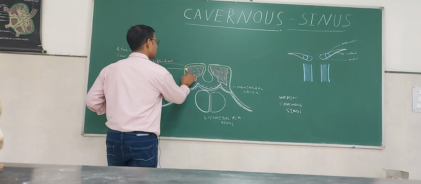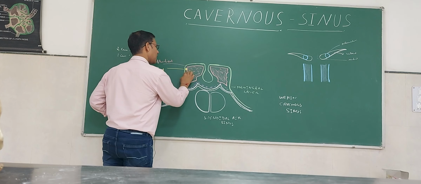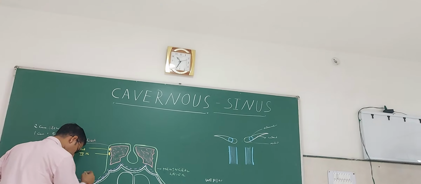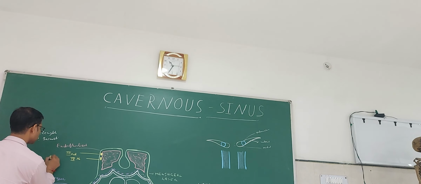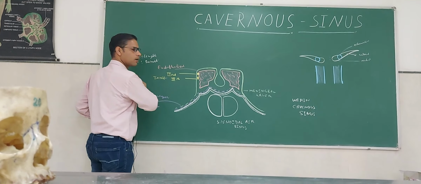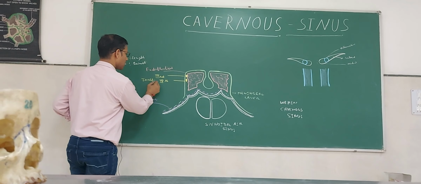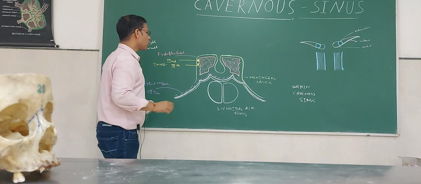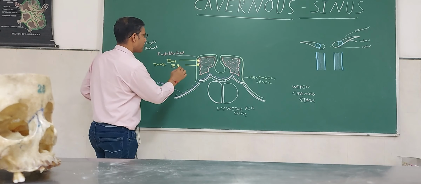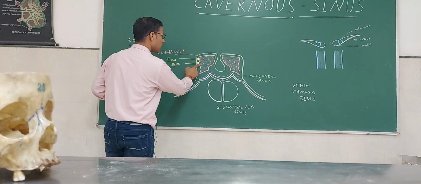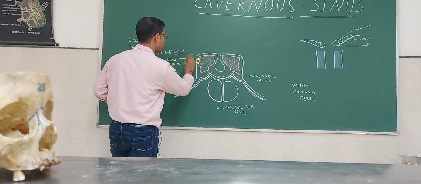Next to this, the fourth nerve, again entering from the oculomotor trigone. The fourth nerve, that is the trochlear nerve, passes through the oculomotor trigone, appearing in the lateral wall, again between the lateral wall of the cavernous sinus and the endothelium.